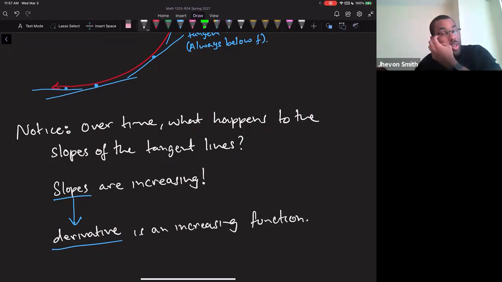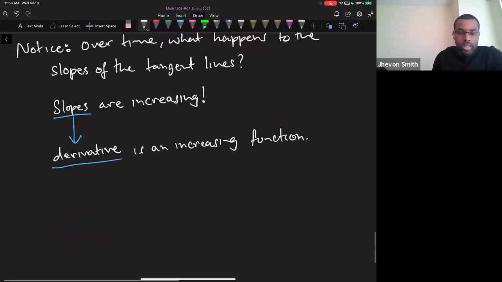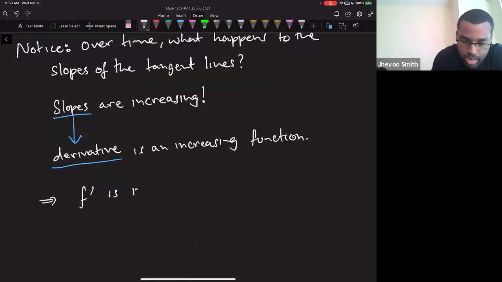Now, last time we learned what it meant to be increasing. f was increasing if its derivative was positive. So me saying the derivative is increasing is the same as me saying the derivative of the derivative is positive, right? So this means f prime is increasing.